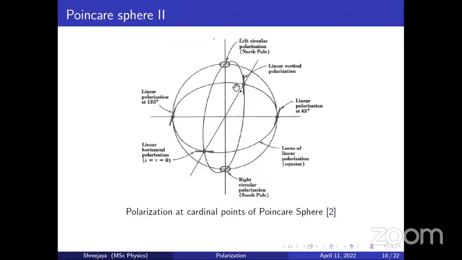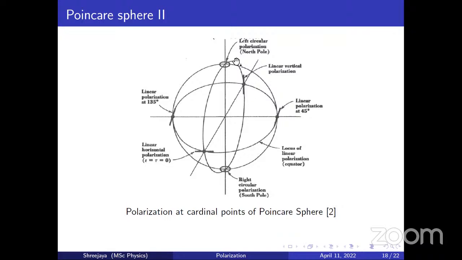And this is the sphere. The Poincaré sphere is a graphical tool to understand the different types of polarization, like polarized light that I already explained. So we have two great circles, as you can see. This one is the equator.